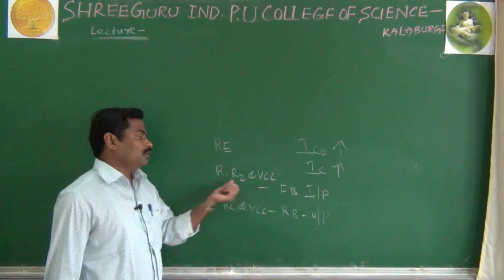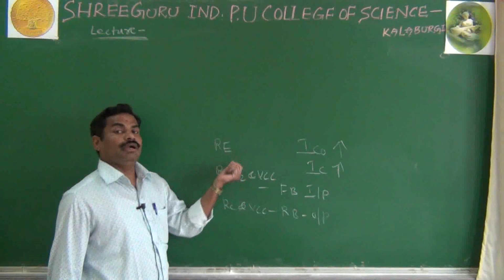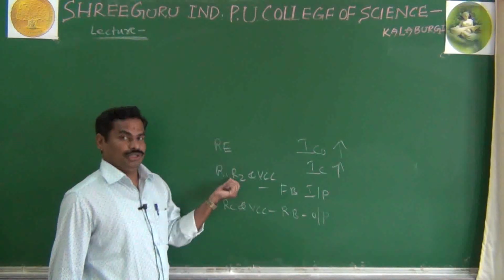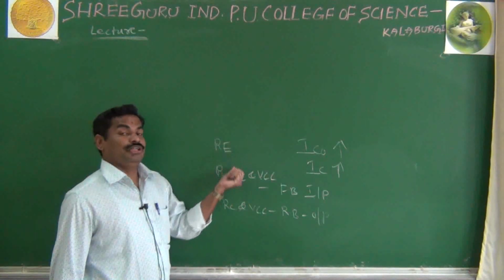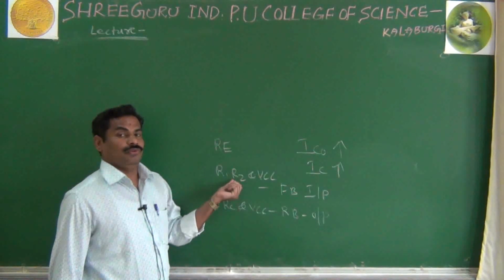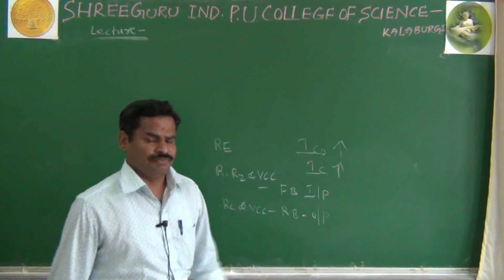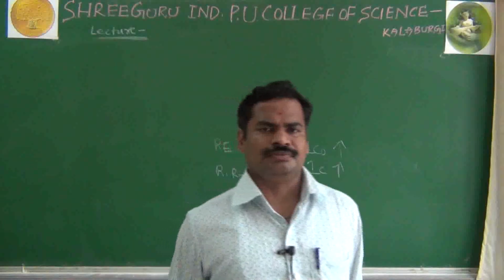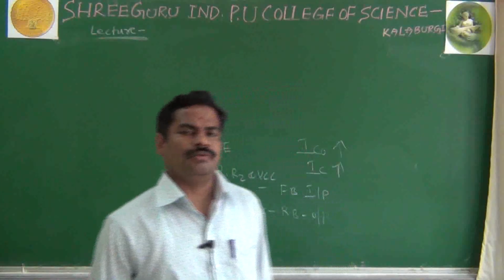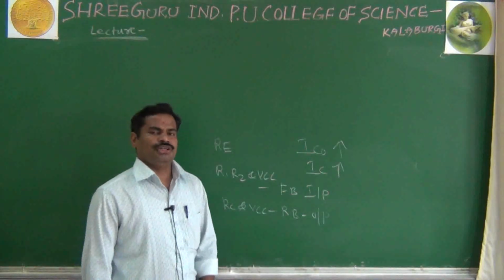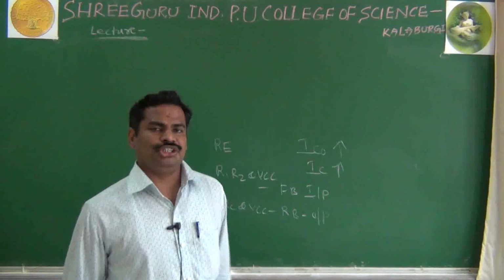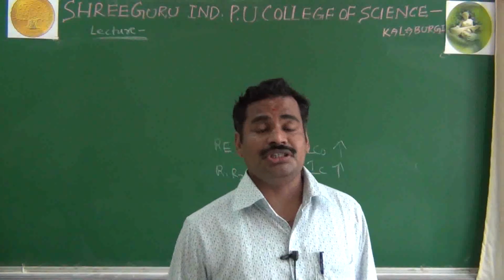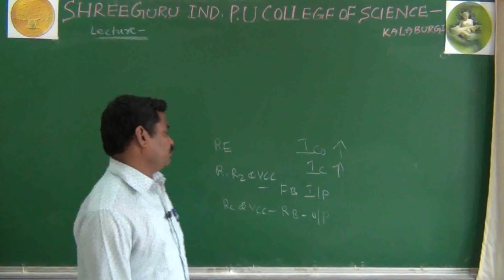By using R1, R2 and VCC, we can divide the voltage. That's why it is called voltage divider biasing.